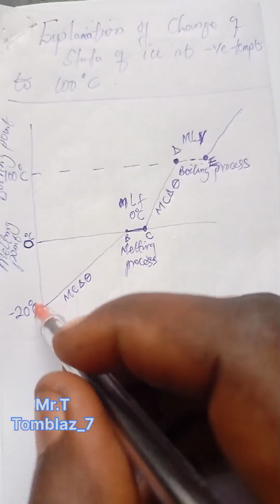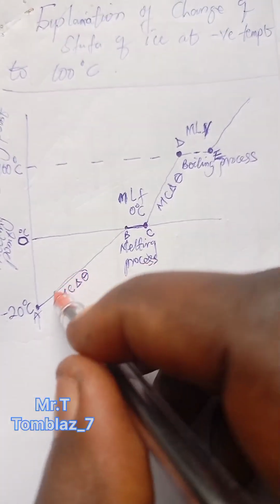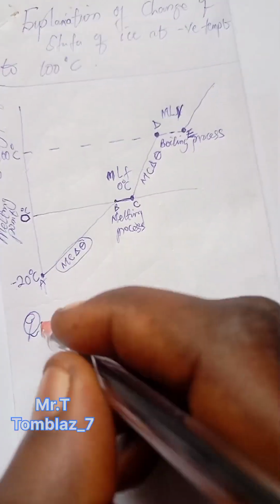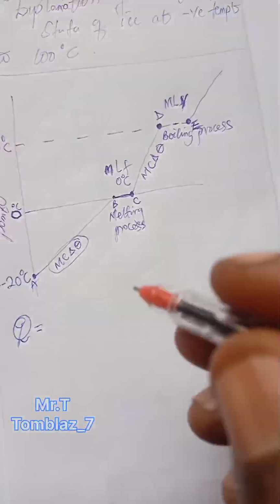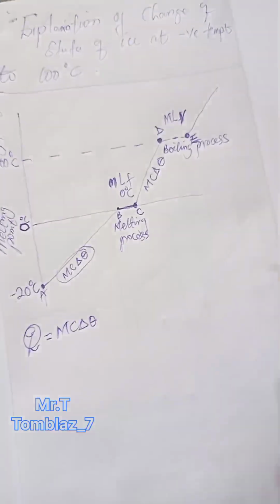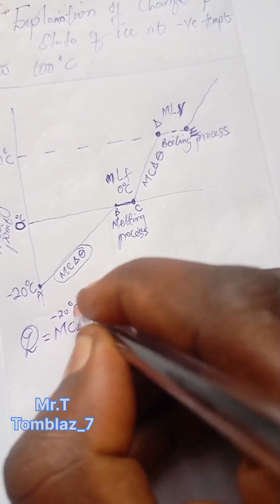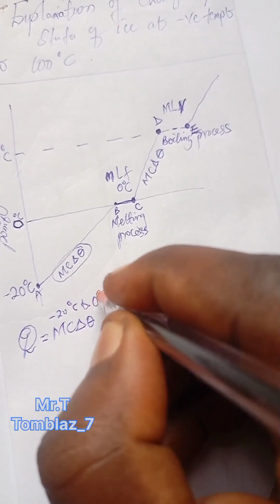Now if you look at this table properly, from minus 20 degrees centigrade to 0 degrees centigrade, we apply this heat, right? So if we want to calculate the total heat energy here, we'll be having this first, from minus 20 degrees centigrade to 0 degrees centigrade.